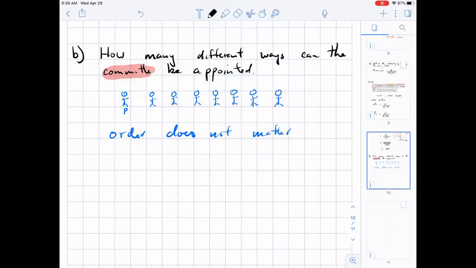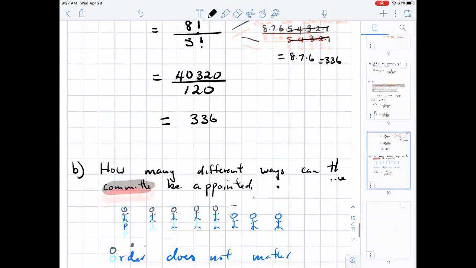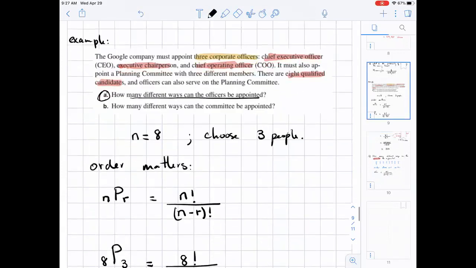So we will use combination. And the combination formula, nCr, is n factorial divided by n minus r factorial times r factorial. So how many committee members did we have to pick? How many different ways can committee members be appointed?